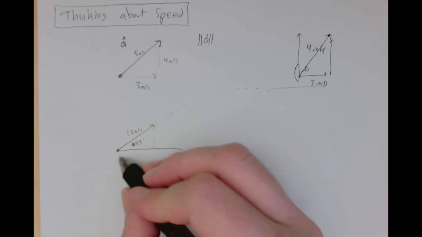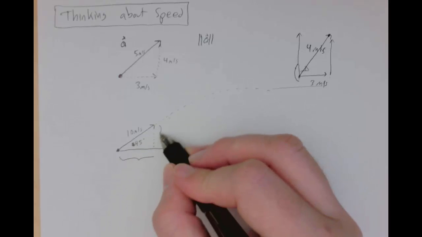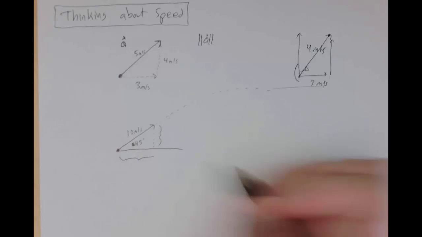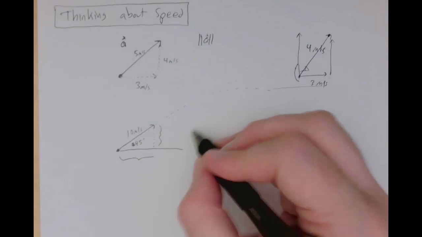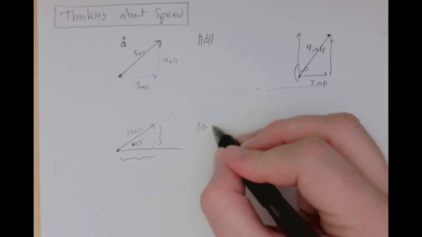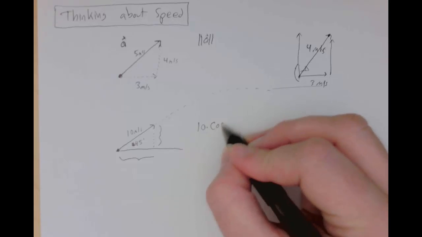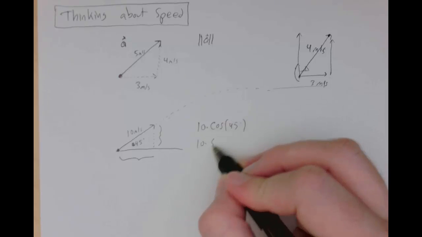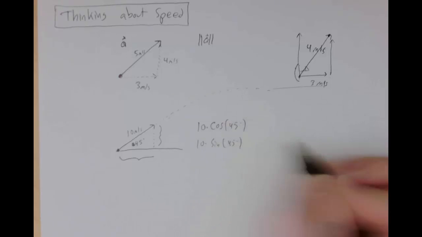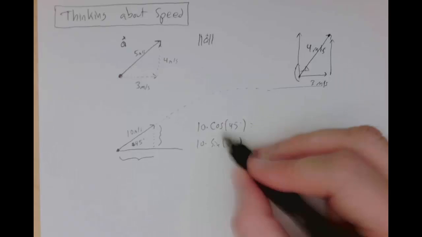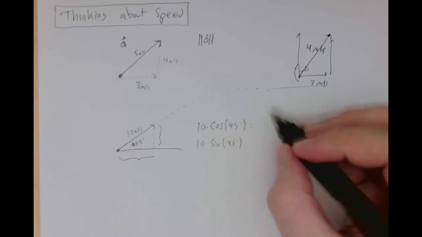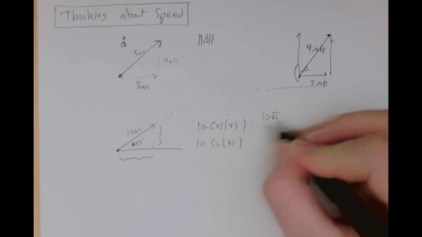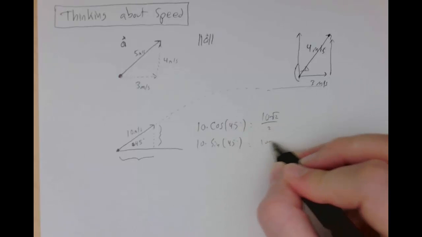But if I want to know how far it is going horizontally and vertically, that's like these two separate components. So I would have 10 meters per second times cosine of 45 degrees for the horizontal, and 10 times sine of 45 degrees for the vertical. And you should know both of those are root 2 over 2. So that's 10 root 2 over 2 and 10 root 2 over 2.